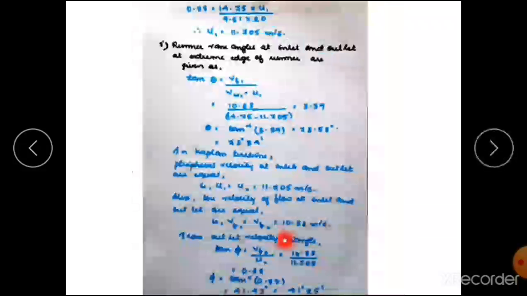By substituting Vf2 and U2 as 10.33 and 11.705 respectively, we get tan phi as 0.88. Then phi is 41.43 degree or 41 degree 25 minute. Then we get the runner vane angles at inlet and outlet as 73.58 degree and 41.43 degree respectively.